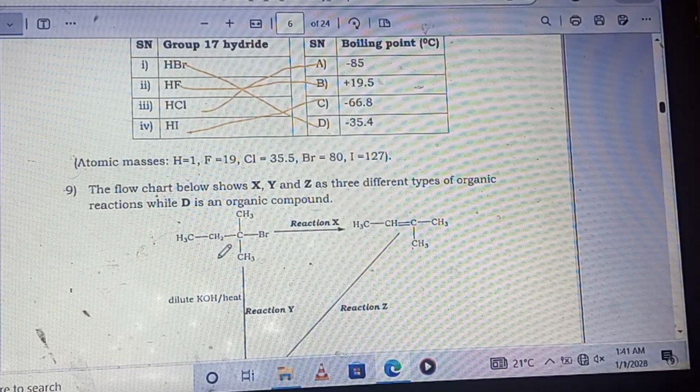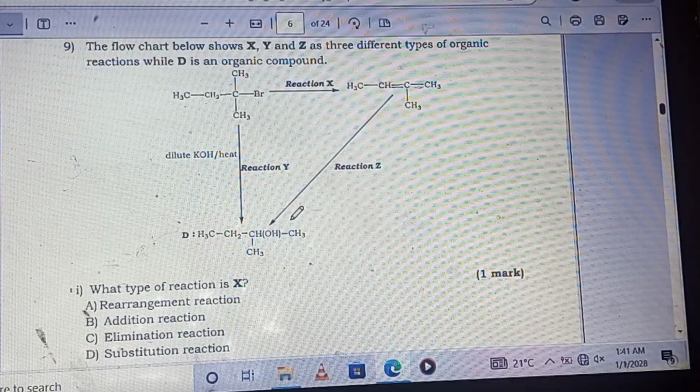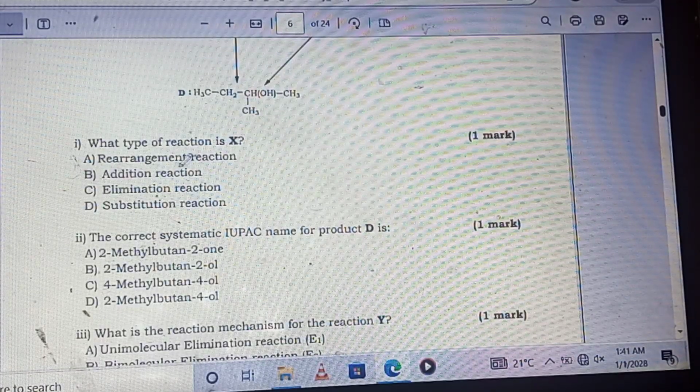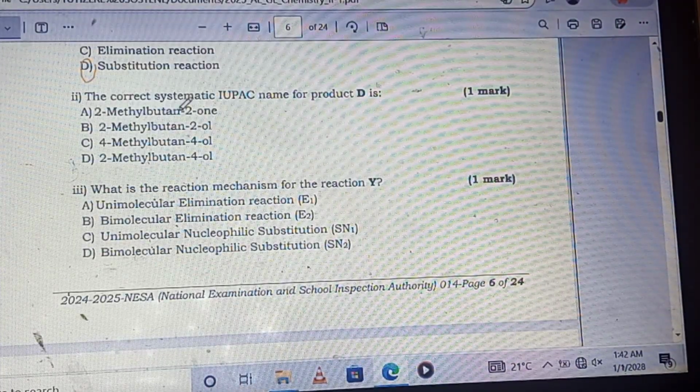You see, this is an alkyl halide, reaction X forms alkane, reaction Z forms alcohol, and this reaction Y forms alcohol. I1. What type of reaction is X? The correct answer is letter D, substitution reaction.